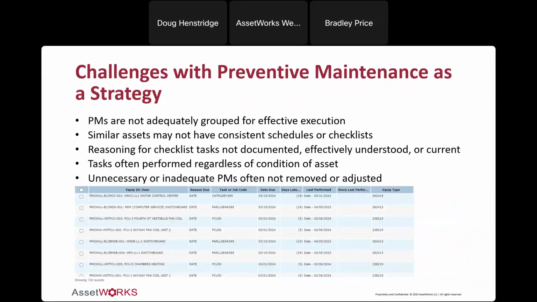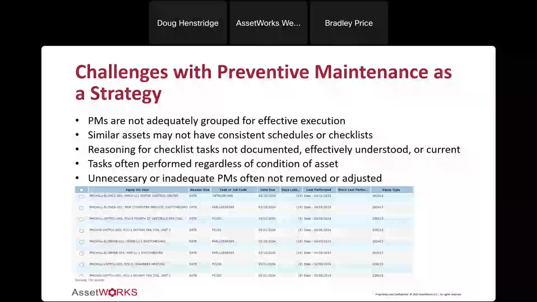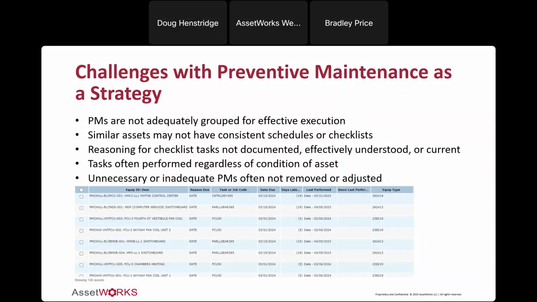The other part of this, which contributes to that, is that PMs are maybe not adequately grouped for effective execution. So if you set up a PM schedule where you say you need to do a monthly inspection of heating and cooling pumps, for example, in a building, how those are grouped may drive whether or not you can get it done.